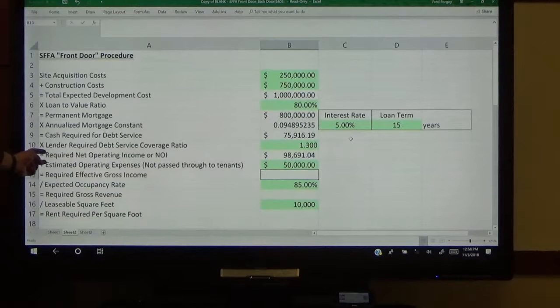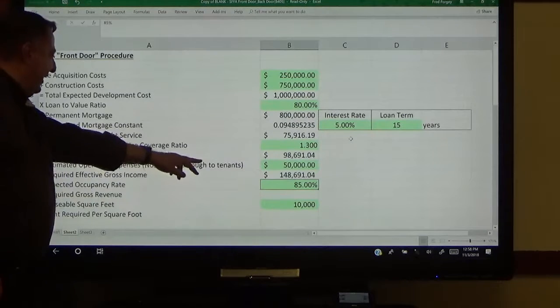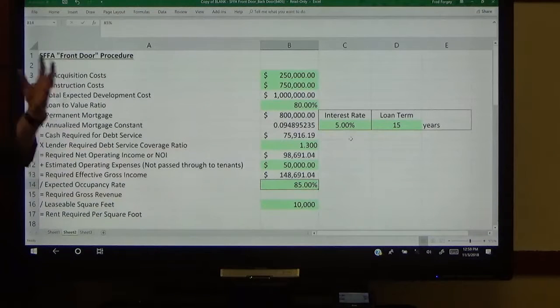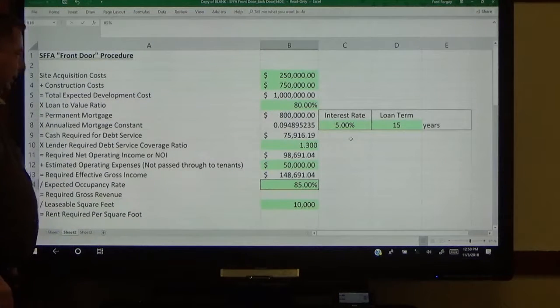All you're really doing is adding those two numbers together. You get $148,691.04 as your required effective gross income, which is the real hard dollars coming through your front door that are being deposited into some sort of a bank account to be spent.